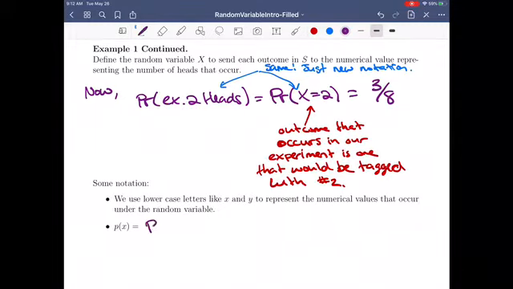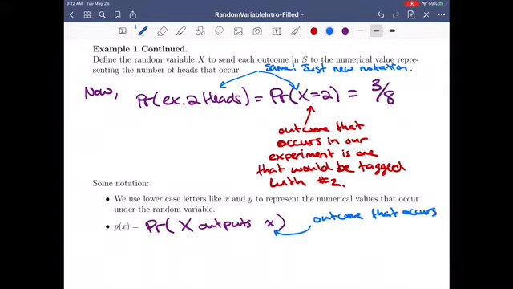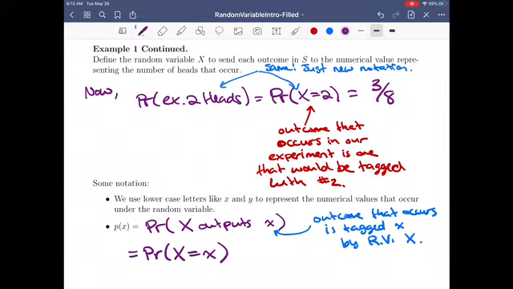This is the same as the probability that our random variable outputs little x. So the outcome that occurs is tagged little x by the random variable capital X. Another way to write this is the probability capital X equals little x, but you could just write p of x. They all mean the same thing.